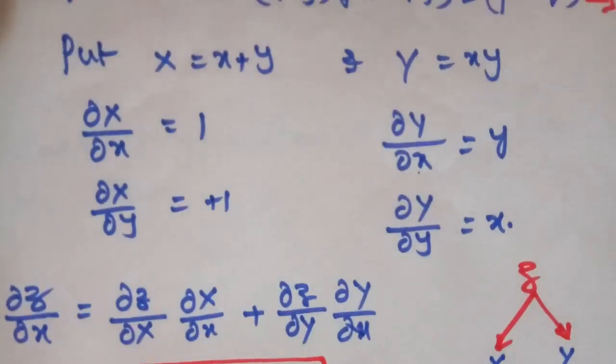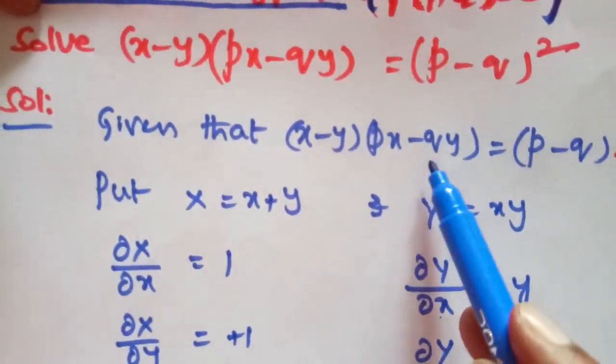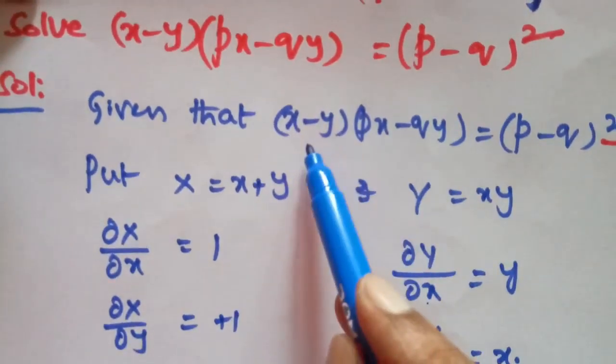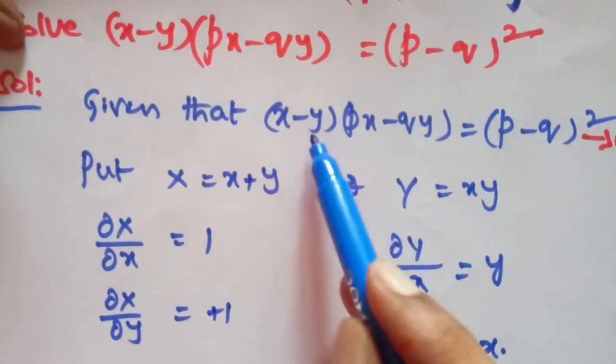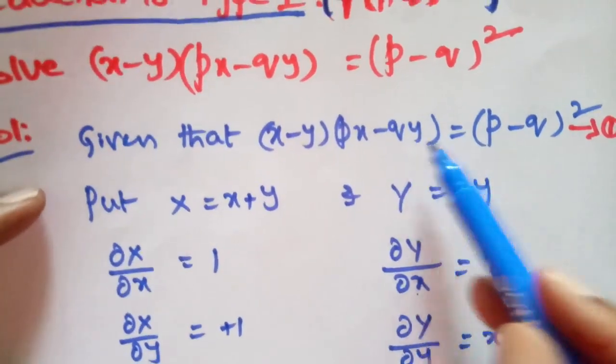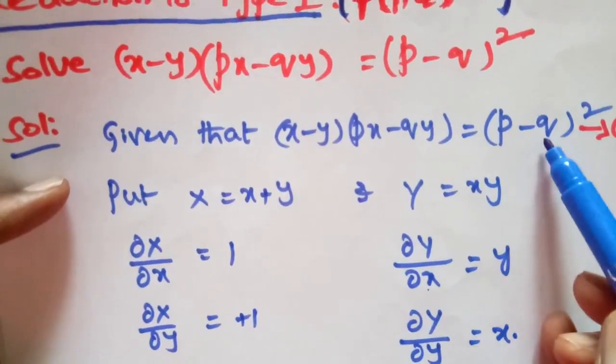Here given equation is x minus y into px minus qy is equal to p minus q whole square. So x minus y we can write as it is. Px minus qy value is in equation 5, and this value is in equation 4. We are substituting those values.